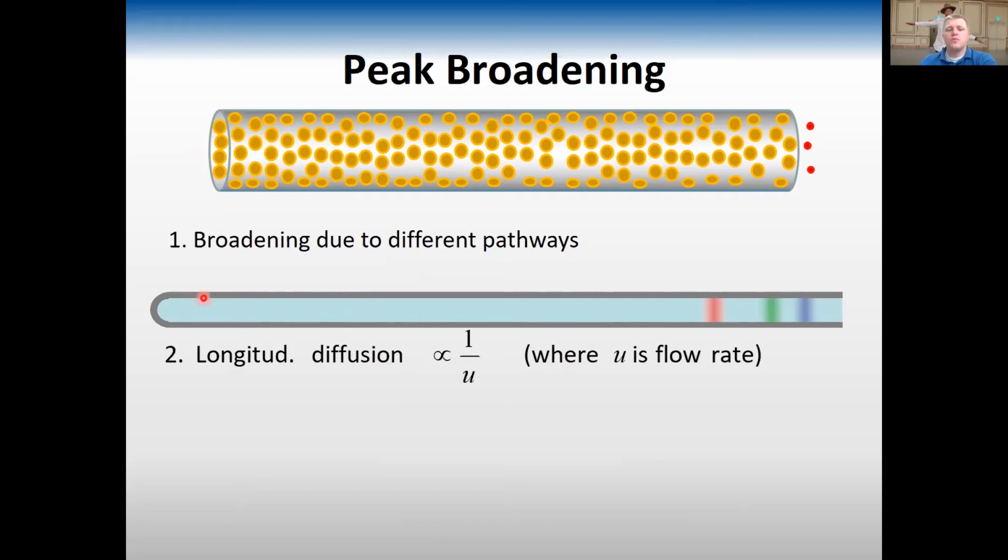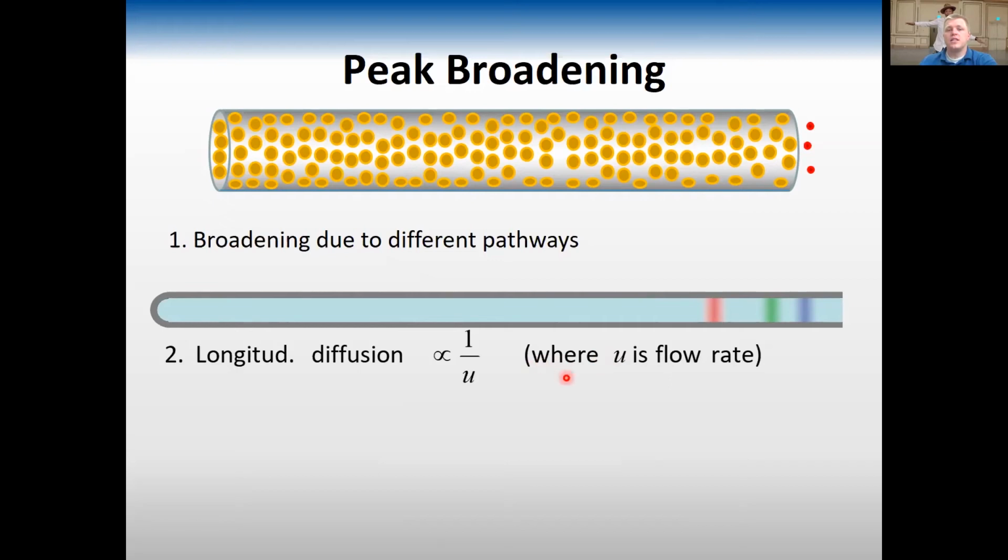They will also be under higher pressure because you'll have more solvent flowing through here at a given time, which just increases your pressure in the column. And so your analyte is just going to be less able to spread out. So you can reduce band broadening by turning up your flow rate. That also has the added benefit that it decreases your retention times and speeds up your chromatography.